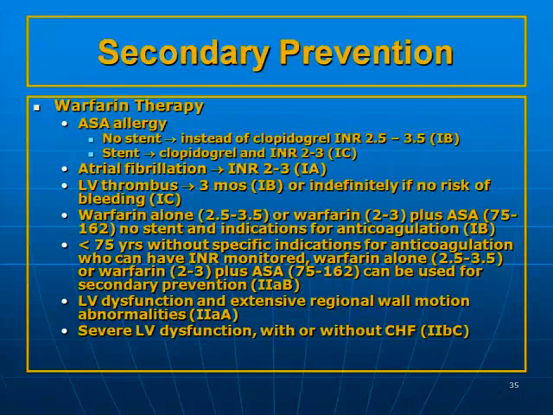Warfarin is, in my mind, a bit complicated because there is old data that warfarin, again, can be used to reduce mortality post-MI. And in comparison to antiplatelet drugs, it worked as well, but it's more difficult to use.